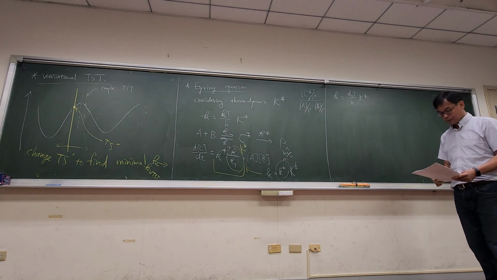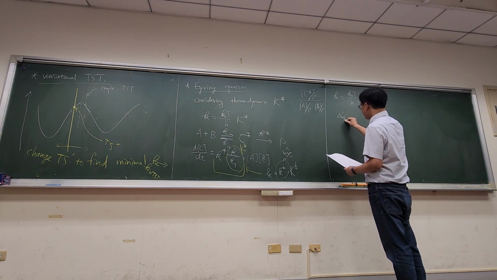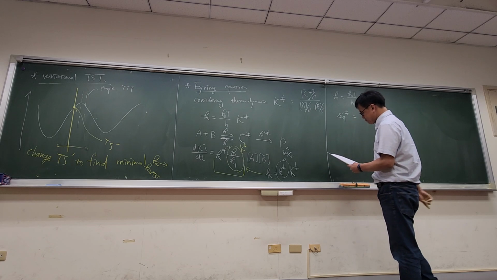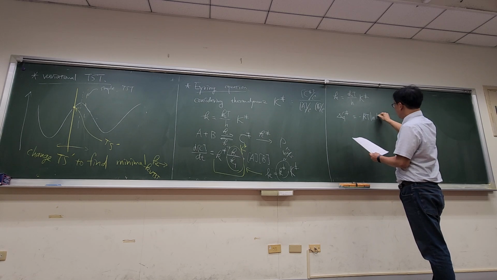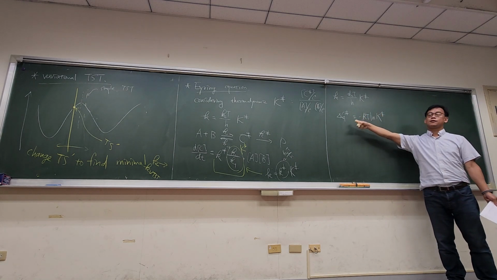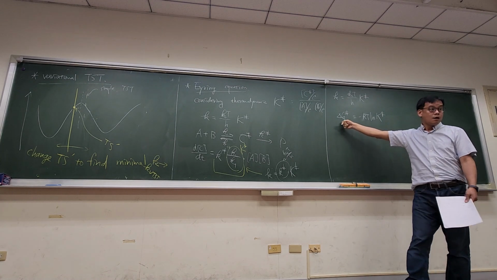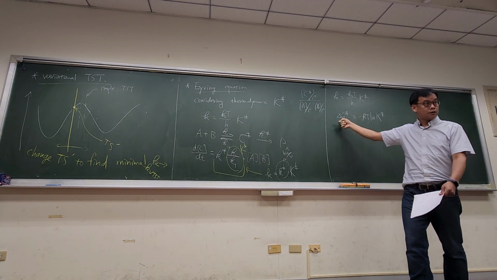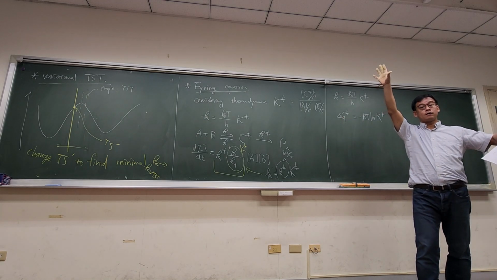Okay. But then we know that thermodynamic delta G is minus RT natural log K. So we know that the thermodynamic equilibrium constant is connected to free energy. And this will be a free energy of activation. Okay, it's the difference between the transition state and the reactant.